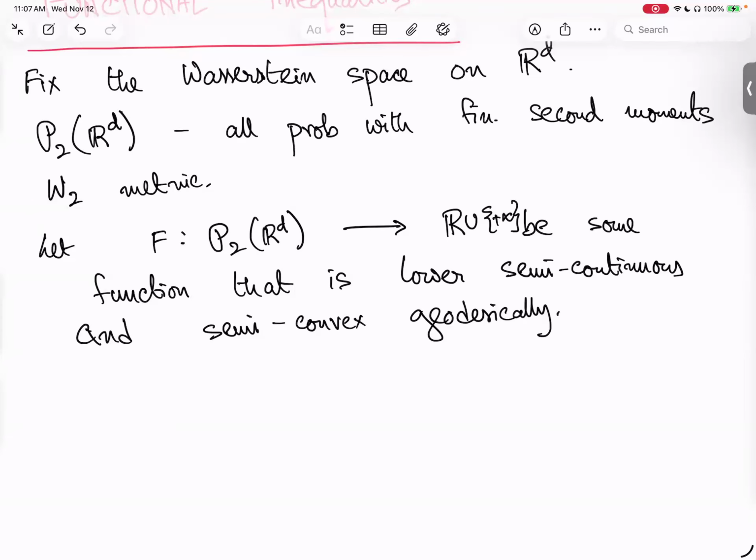Now, once you're given such a function f, there are two things that you can associate with it.